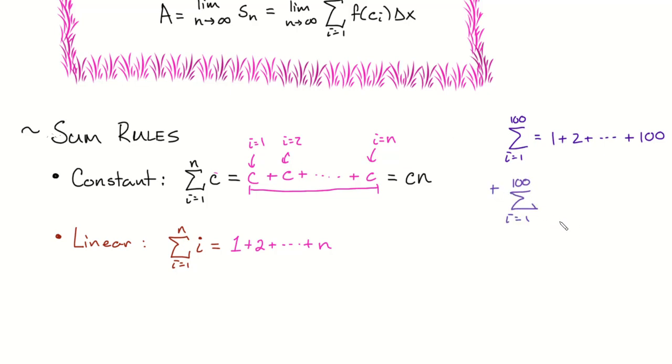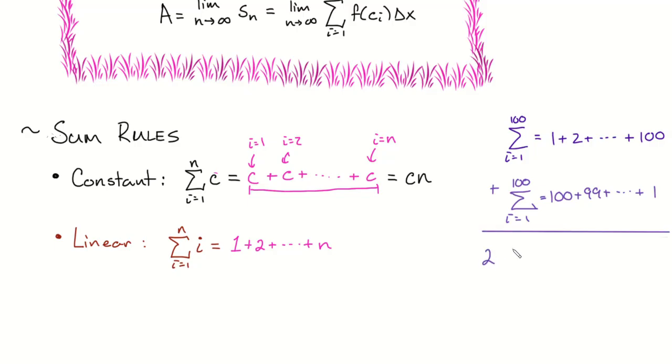But he had a brilliant thought. And instead, he said, wait a second. If it's 1 plus 2 plus 3 all the way up to 100, I could think of it as 100 plus 99 plus ... all the way down to 1. And I still add up all the same stuff, right? And then he had this brilliant idea. When he recognized this, he said, hey, wait a second. And I'm going to cheat with my notation just so you know.